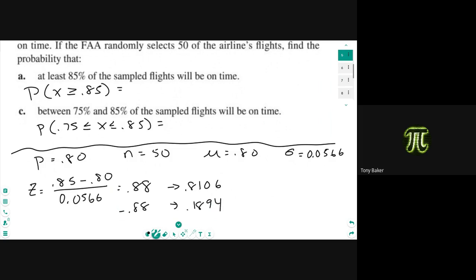So what's the answer for A? 0.1894. Yeah, so I'm going to have to do 1 minus that because I want the other direction. And on this one, I'm looking for between.